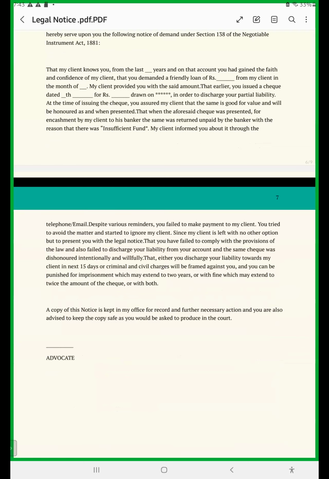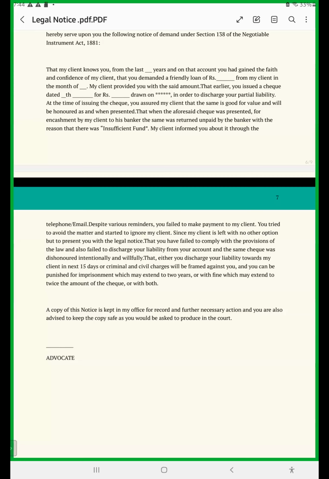Since my client is left with no other option but to present you with the legal notice, that you have failed to comply with the provision of the law and also failed to discharge your liability from your account, and the same check was dishonored intentionally and willfully, that either you discharge your liability towards my client in the next 15 days, or criminal and civil charges will be framed against you and you can be punished with imprisonment which may extend to 2 years, or with fine which may extend to twice the amount of the check, or with both.